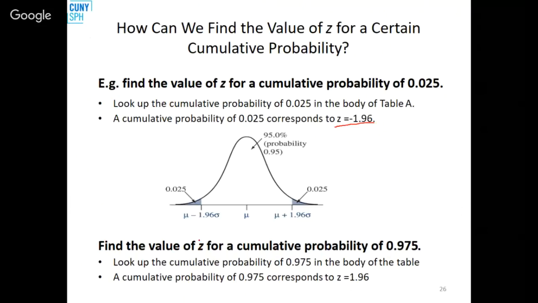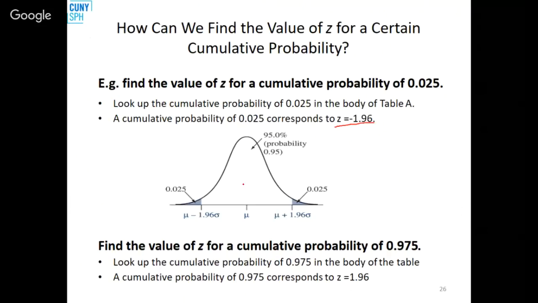Similarly, what's the value of z for a cumulative probability of 0.975? Well, if you have the full range of lookups, like our table, you can just look up 0.975.